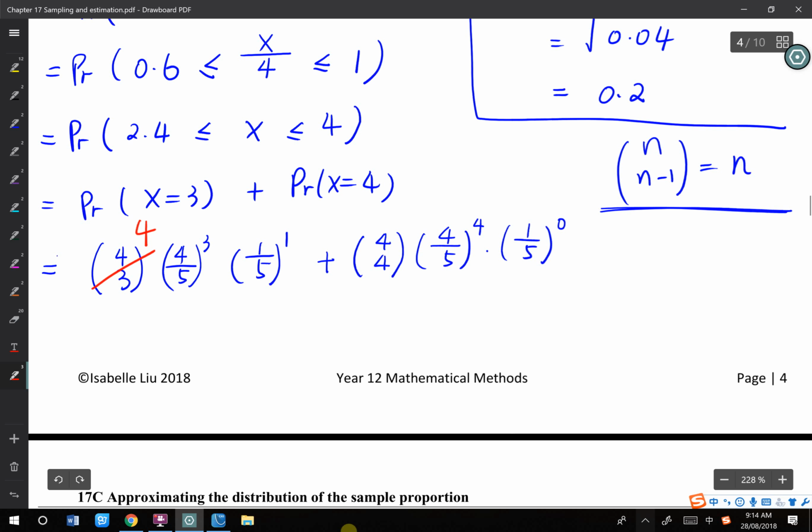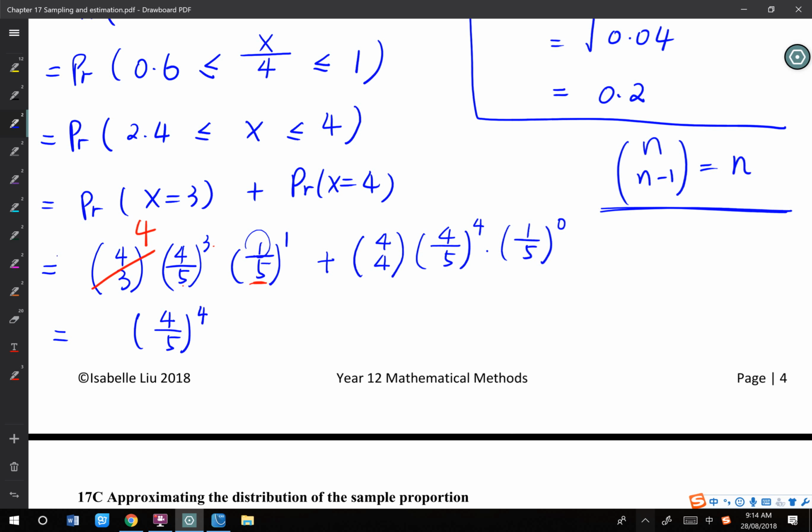And then I have 4 to the power of 3, and then times 4 is 4 to the power of 4. And I have 5 to the power of 3, and this 5 makes it 5 to the power of 4. So what I have is 4 over 5 to the power of 4. You see that? This 4 goes to the numerator here, and that's 4 over 5. So overall, that's 4 over 5 to the power of 4.